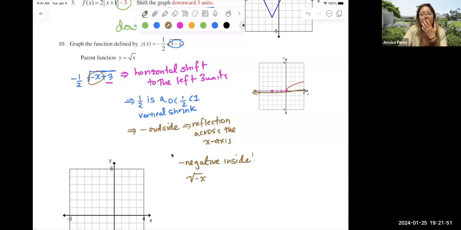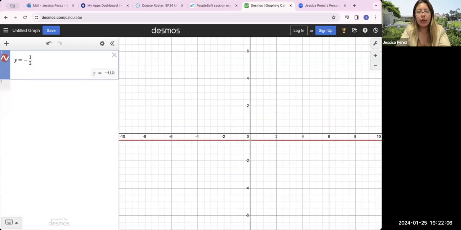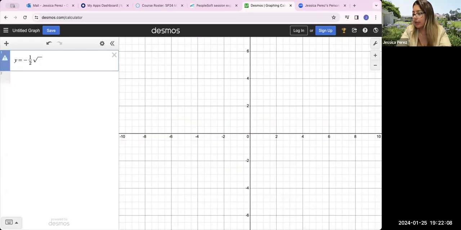Okay, there it is. So let me share my new screen here on Desmos. If I want my y function, sorry about that, y equals, I'm just going to write it as it is, 1/2 times SQRT, meaning square root, of 3 minus x.